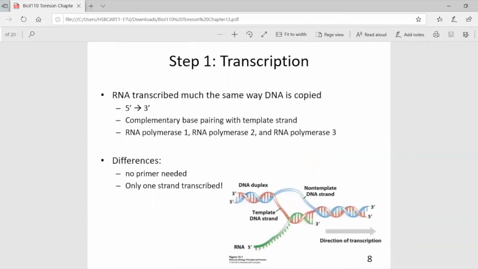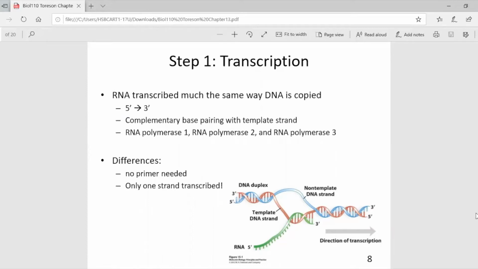So the first step of gene expression is transcription. A molecule of RNA is transcribed from DNA. This process is similar to the way DNA is copied during DNA replication.